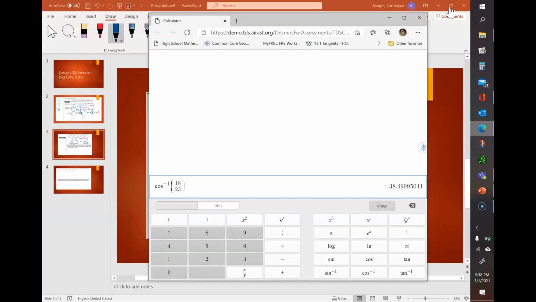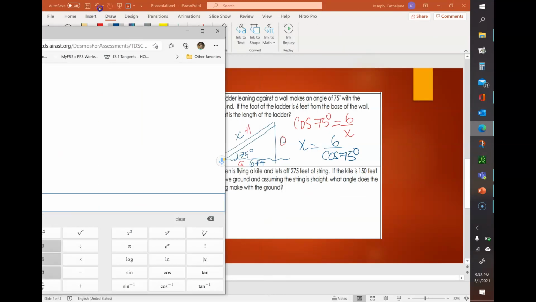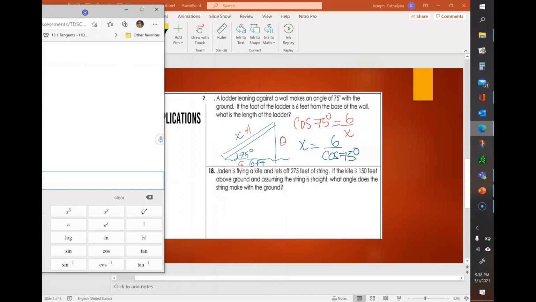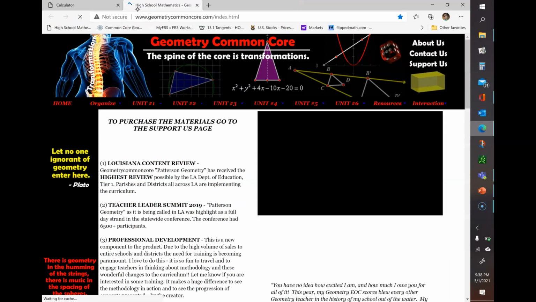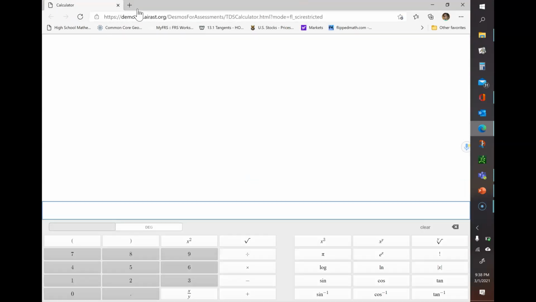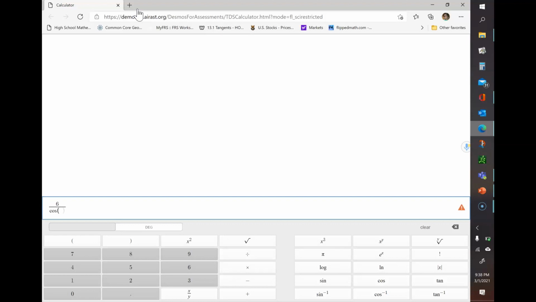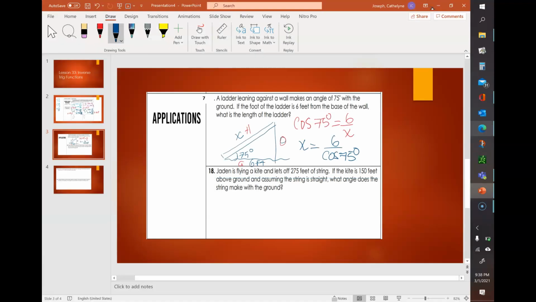So that would be 6 divided by cosine 75 degrees. All right, and we get about 23.2. So X this time is 23.2 feet. So again, remember here, we were finding the ladder, so the ladder is measured in feet.